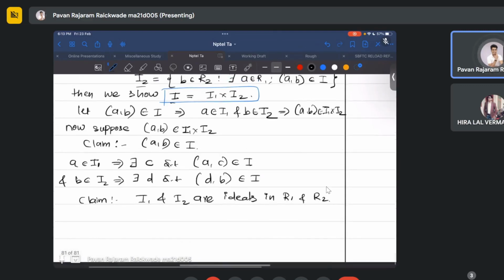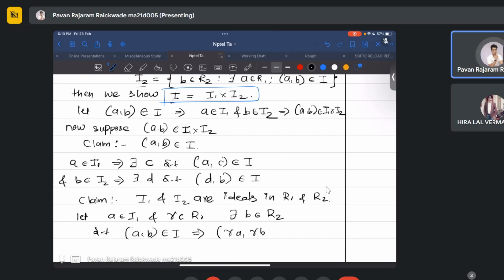How to prove this? Let an element a belong to I1 and any element r belong to R1. By definition, there exists some element b belonging to R2 such that (a, b) belongs to I. Then this implies (ra, rb) belongs to I because I is an ideal, and by definition this implies ra belongs to I1.